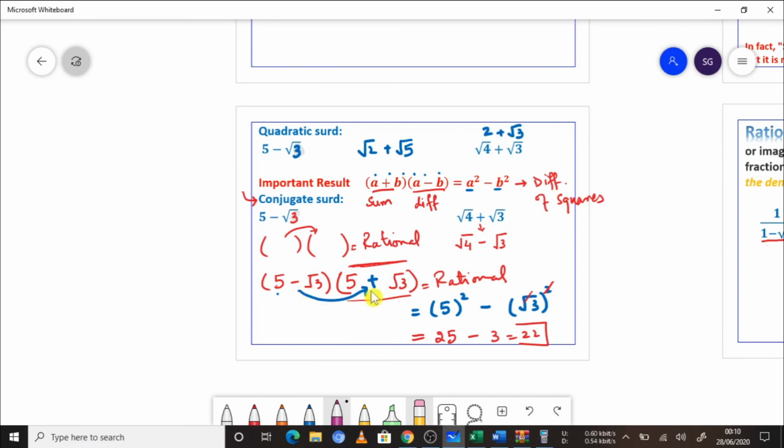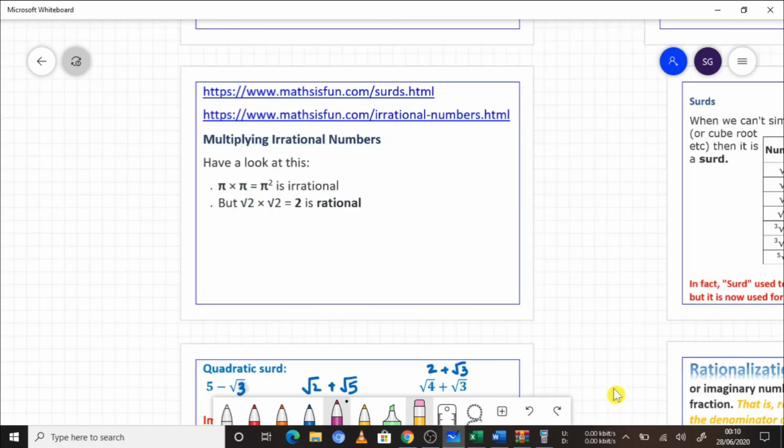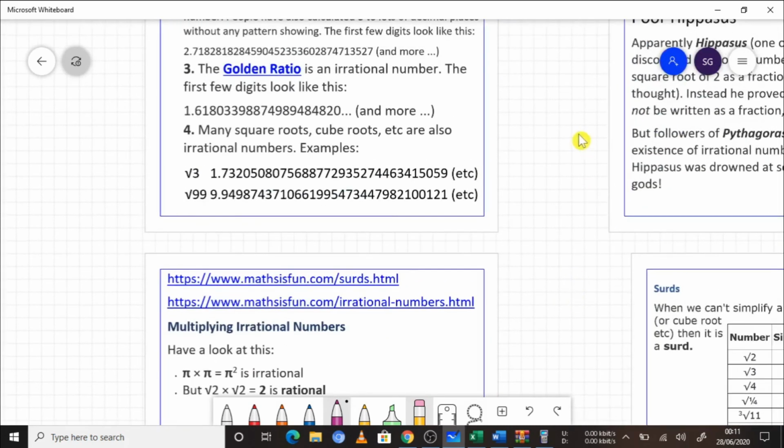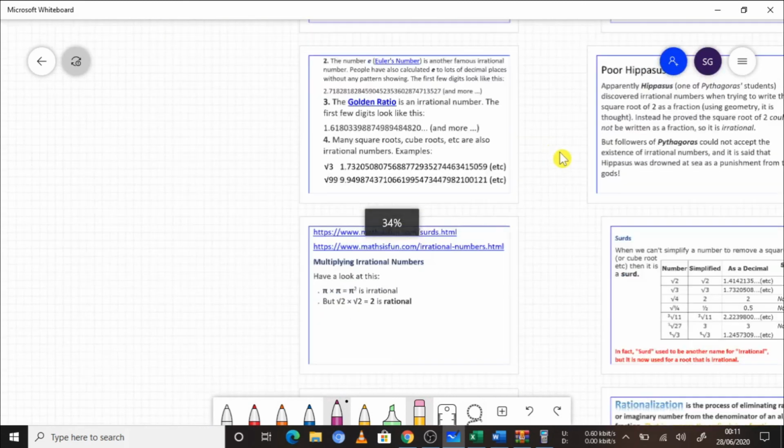In fact, they both are conjugates of each other. And the reason is that the conjugate surd will be the surd that gives you a rational answer as a result of multiplication. So if we were having 5 plus under root 3, 5 minus under root 3 would have been its conjugate. So guys, this is the whole summary that I have shared with you for rationalization.